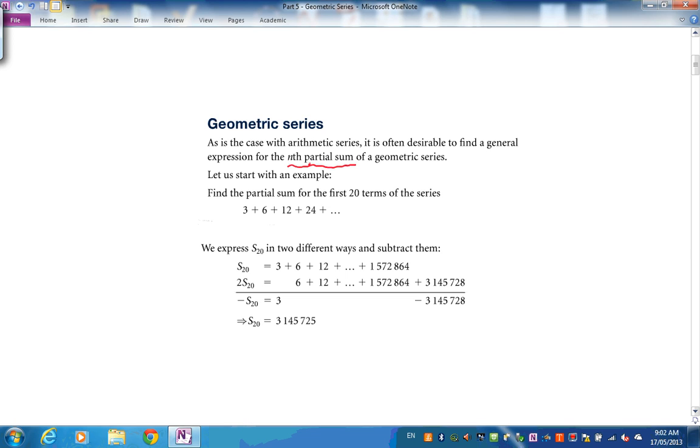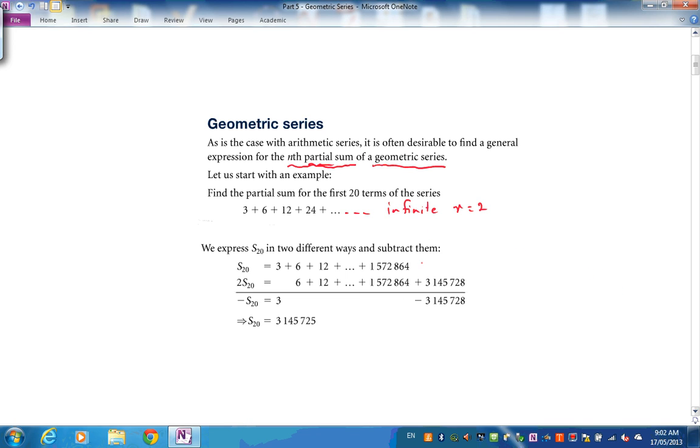A partial sum means we're thinking about the series as being infinite, and it's geometric, and we want to sum some of the terms. So here we are. Here's an example here. There we think this is going to be infinite. Keep going there, and quite clearly here the R is 2. So find the partial sum for the first 20 terms.